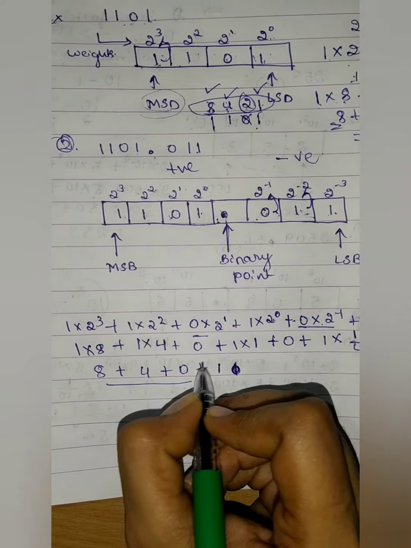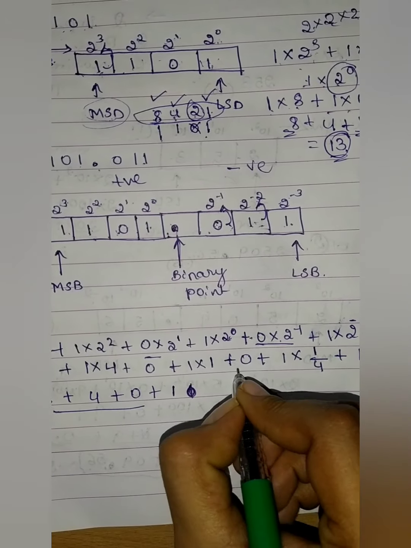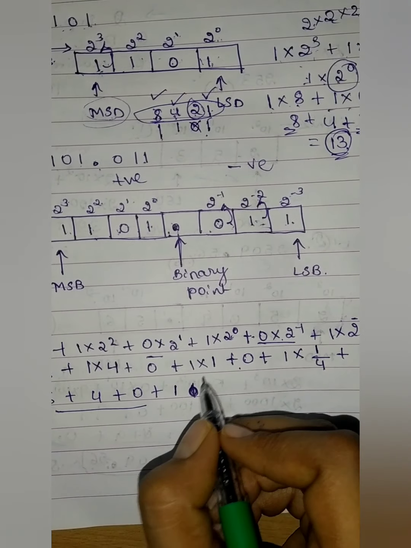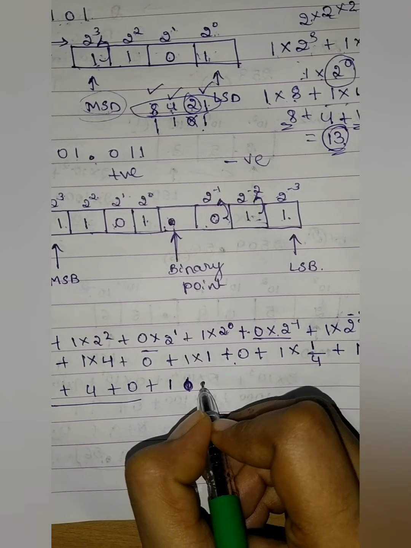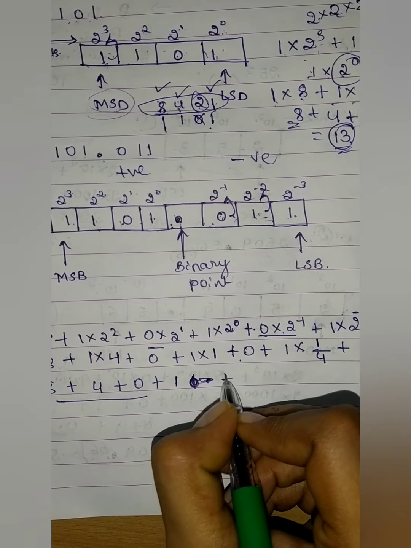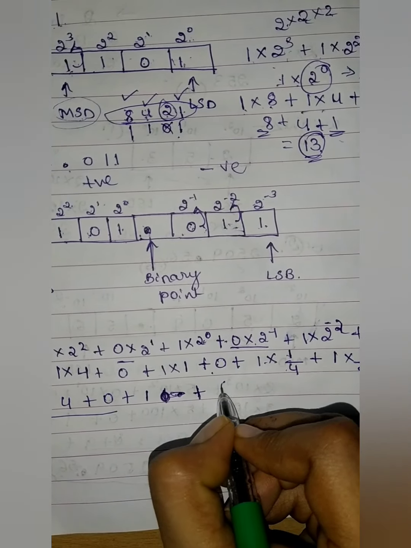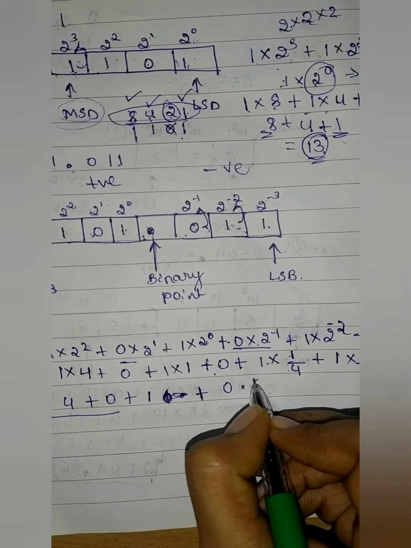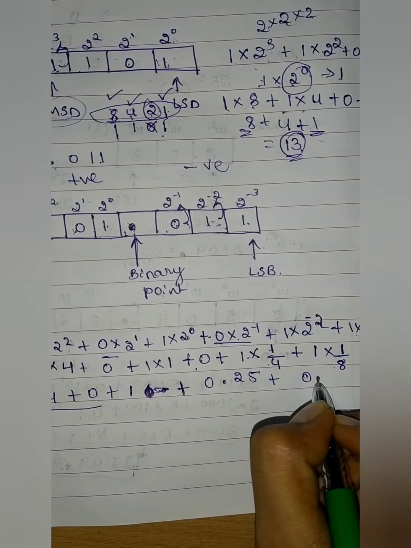So this is regarding positive signs or positive weightage values. In this, no need to consider the binary point in the calculation, we just put the binary point in its place. Okay, so that plus 1 into 1 by 4 is 0.25, plus 1 into 1 by 8 is 0.125.